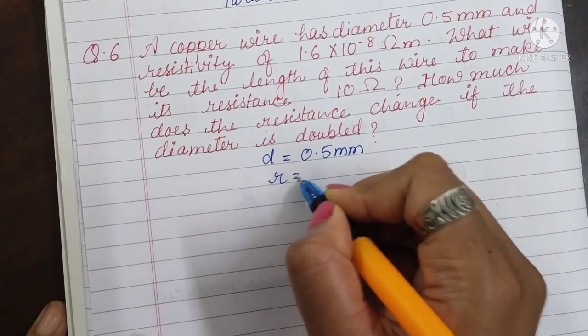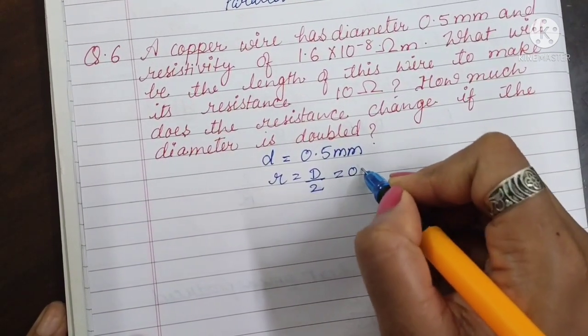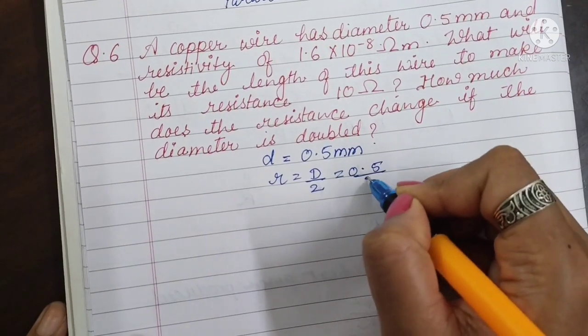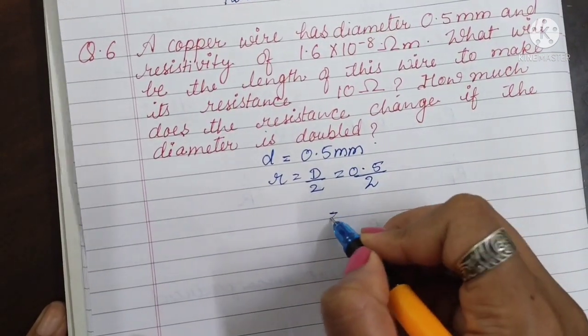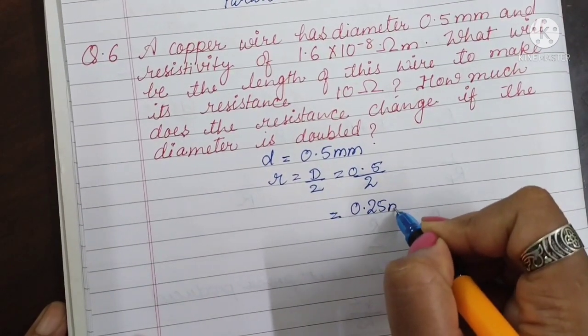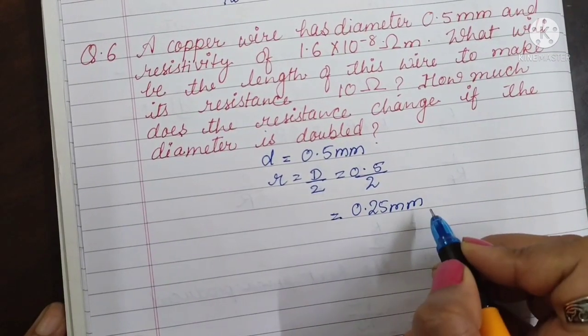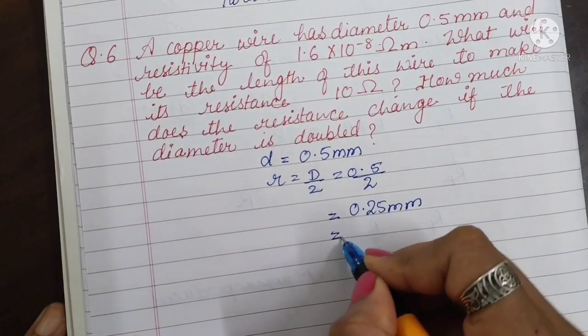Now we know that r is equal to D by 2, which will be equal to 0.5 by 2, and the value of it will be 0.25 mm. Now this is not in its standard form. We will convert it into meter.